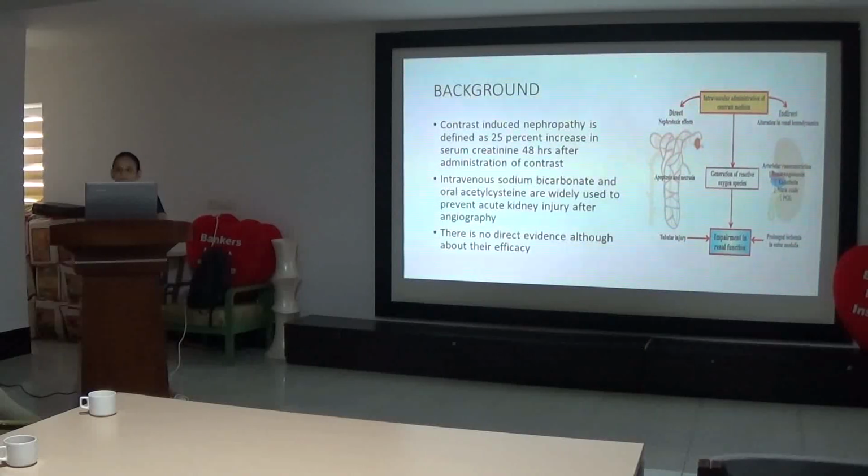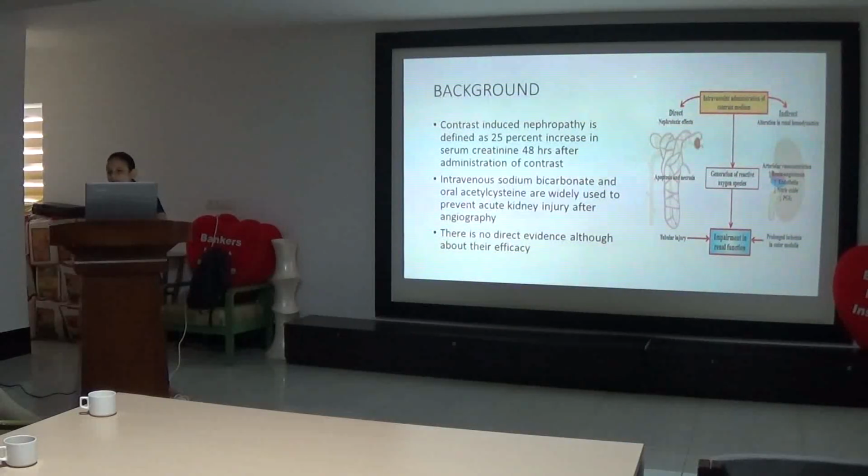Is there any difference in contrast use, whether the patient has normal or abnormal kidney function? In all these studies, the patients included were at high risk for renal abnormality, meaning the eGFR was already compromised.